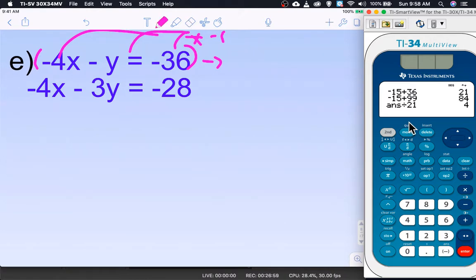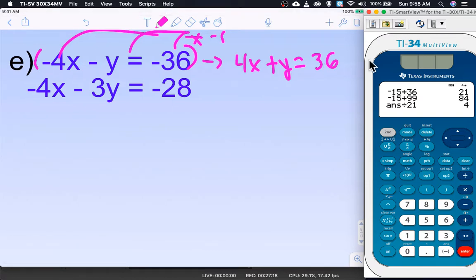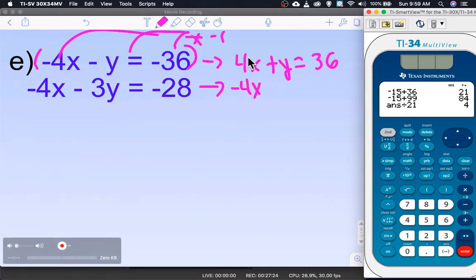Let's try it again. Positive 4x, because -1 times -4 is positive 4, plus y equals a positive 36. It changes the sign of every single piece when you multiply by -1. Each of these was negative, now they're positive. My bottom equation stays exactly the same. I'm not doing a thing because that's what makes my x's eliminate.